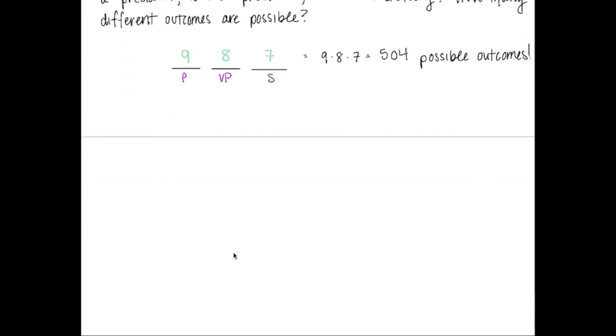So what I'm going to do is relate this to factorials. We ended up with just 9 times 8 times 7. Really, if I was arranging those 9 people, it would be 9 factorial. So all we're left with is 9 times 8 times 7. I'm going to add in all of the remaining stuff to get 9 factorial.